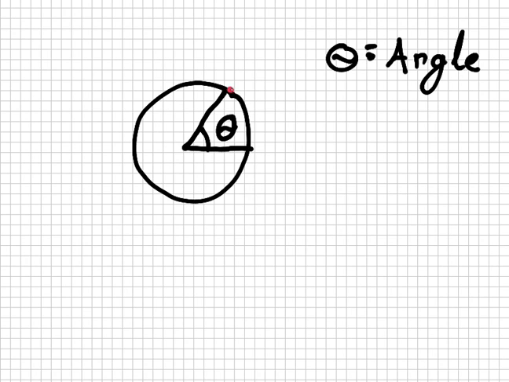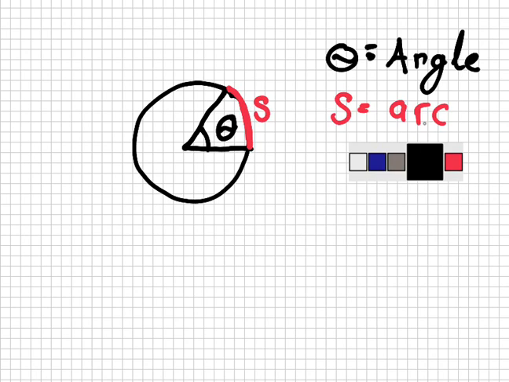Now, this piece here in red, which I call S, is the arc. And then finally, I'll do it in blue here, the r is called the radius.